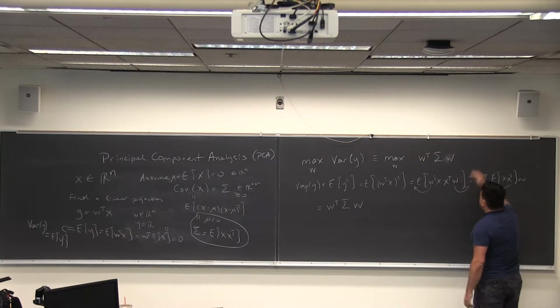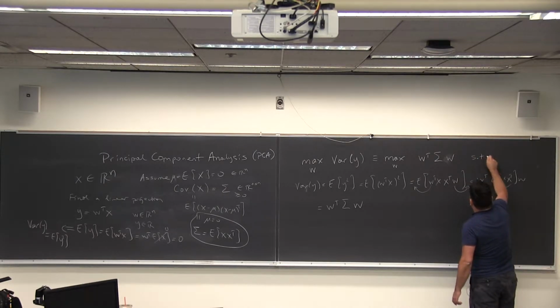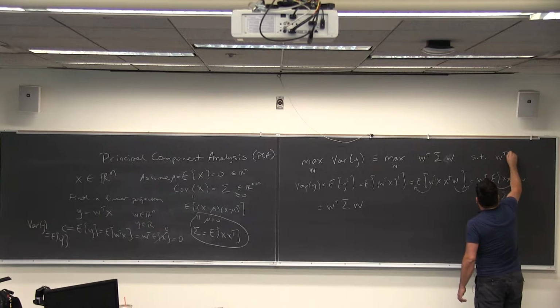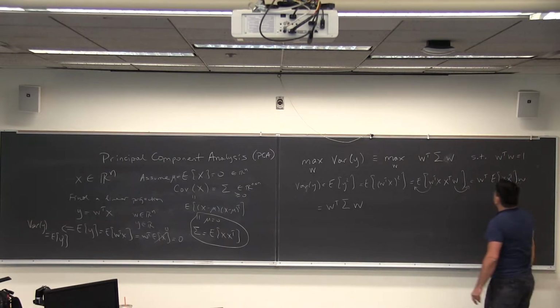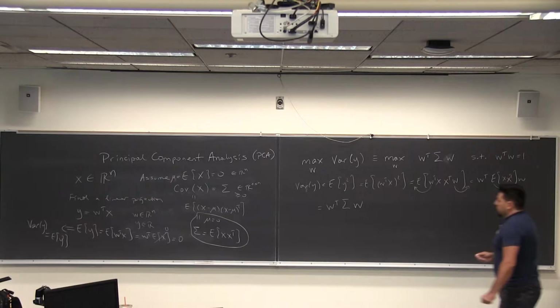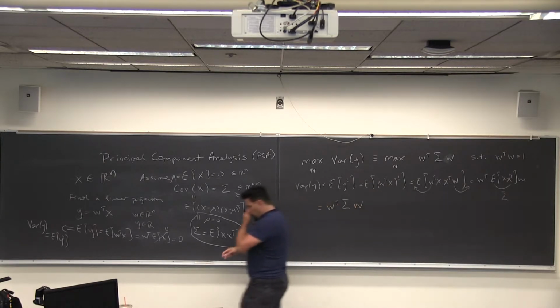So we'll maximize this subject to a length constraint. Right, so subject to the length of w equals 1. Okay, so I don't want the length of w to impact my variance. I want its orientation to control the variance.